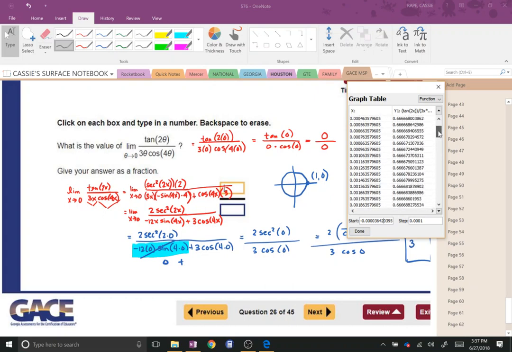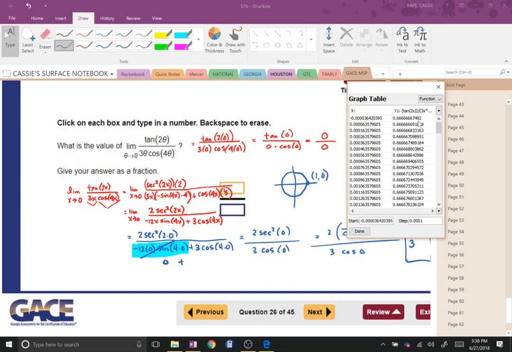Even though way back here as it gets closer, it's not exact, you can see the same thing. From the negative side, it's 0.66666. From the positive side, it's 0.66666. As long as from both sides of the number, in this case 0, you're causing the limit to approach the same number, then a limit exists even if the function doesn't at that number.